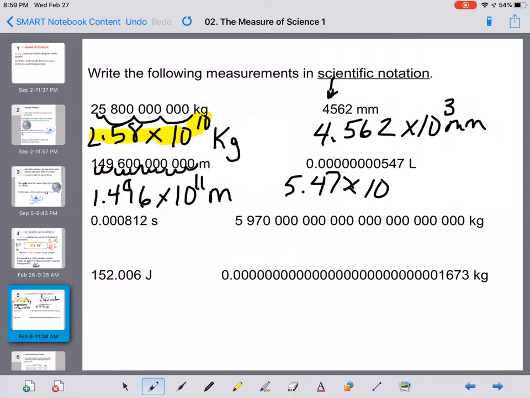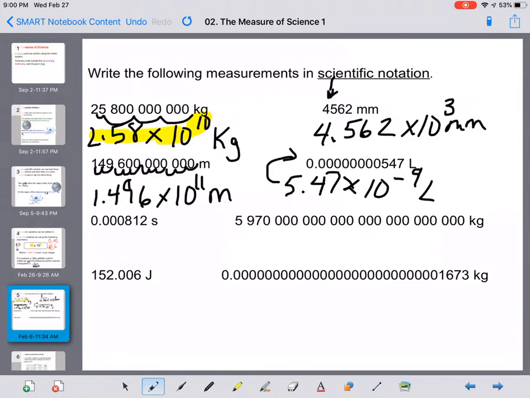Now because I'm jumping to the right and my number is less than 1, it's going to be a negative. So negative 9. That tells me that if I wanted to get out of this number, that negative 9 is going to take that decimal and move it to the left 9 places and should get me back to where I started.